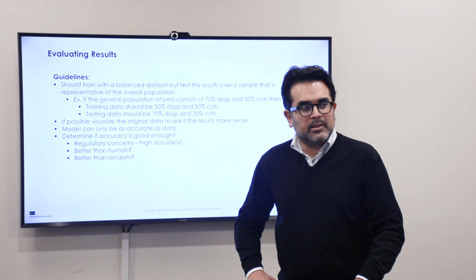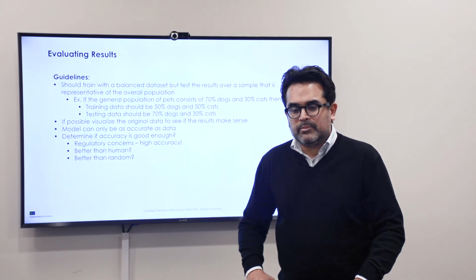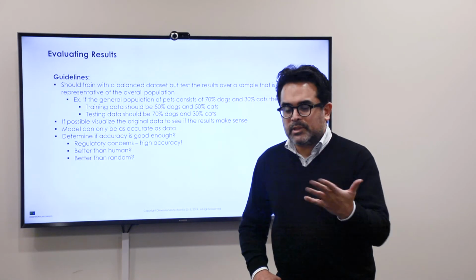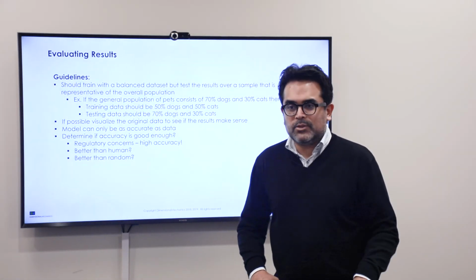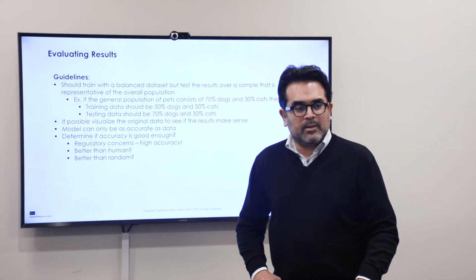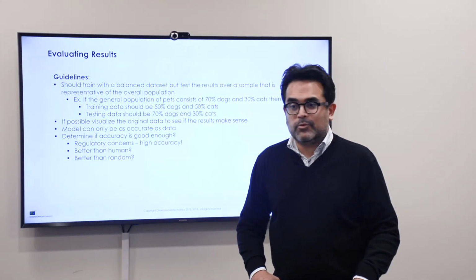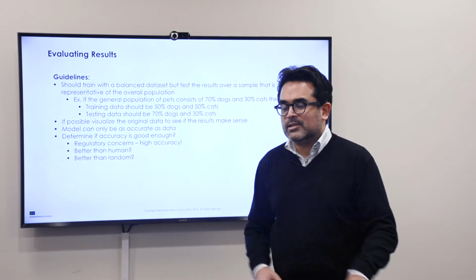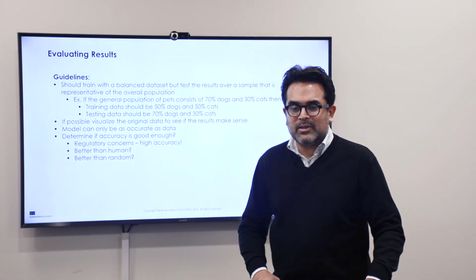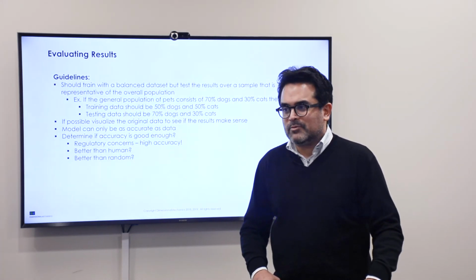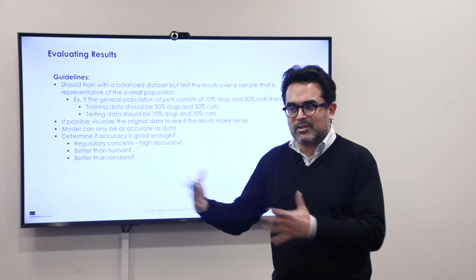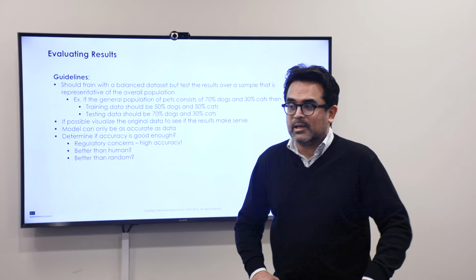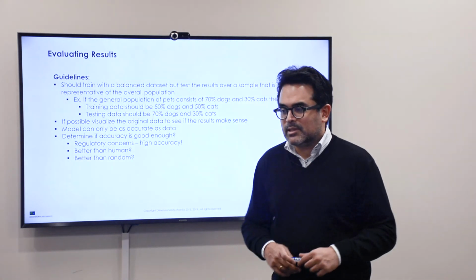If I build a model in a hospital for a PET CT scan, the average doctor for this particular problem gets it right about 72% of the time, and the model that's generated gets 74%. Sure, it's not super high, but it's still better than the average doctor. So unless your hospital can afford to always get the top physicians around the world, 74% accuracy is probably good. So it's a business decision ultimately.